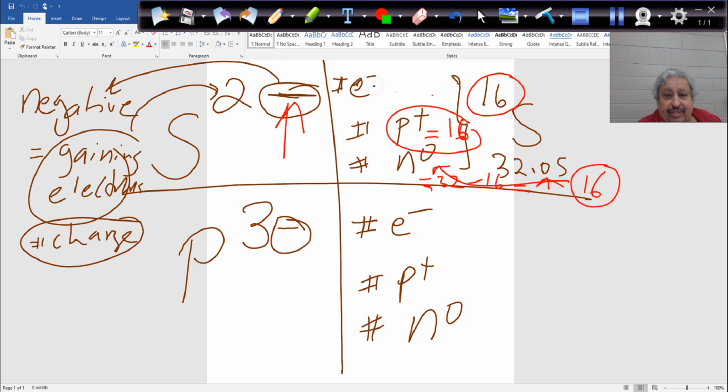So this one is 16. Minus or plus? Plus. This time it is plus 2. So how many? 18. So this one here, 18.